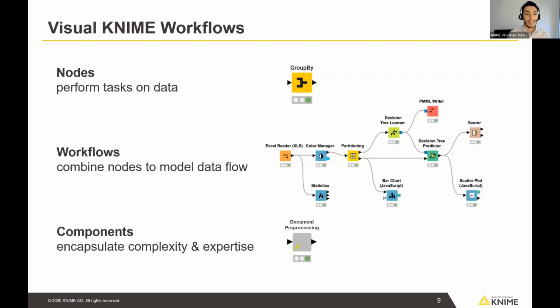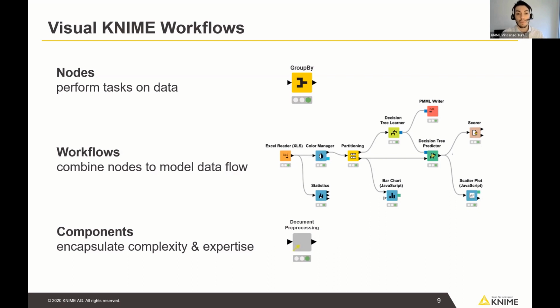As soon as you start connecting nodes to each other, you create your workflow. Here we have a pretty simple workflow that shows you how to read data from an Excel file, do some data preprocessing, maybe color the rows in your table with a specific condition, partition your data set into training set and test set, and then train machine learning models.